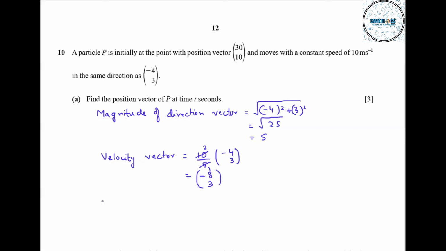Now we have to find out the position vector of P at time t. So the position vector of P is equal to the initial position vector plus t times, time is t seconds, so t times the velocity vector, which is minus 8, 6.